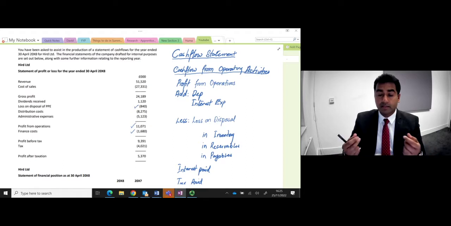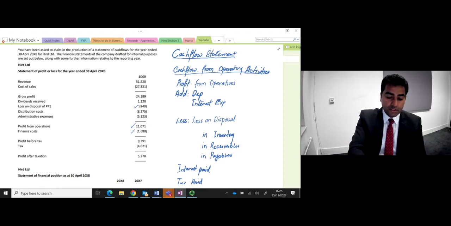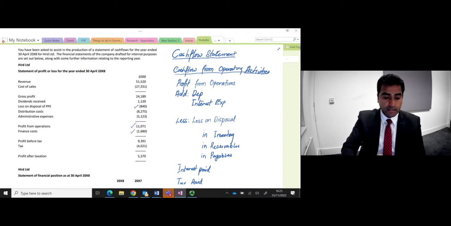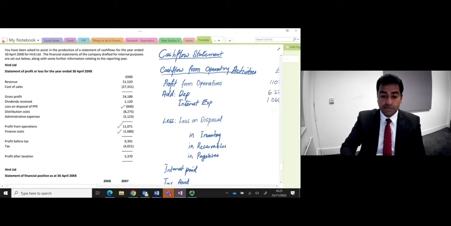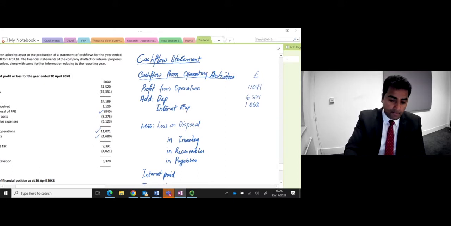It's not actually a real loss. So we have recorded 840 in our income statement, which is reducing my profit. So let's add back 840.